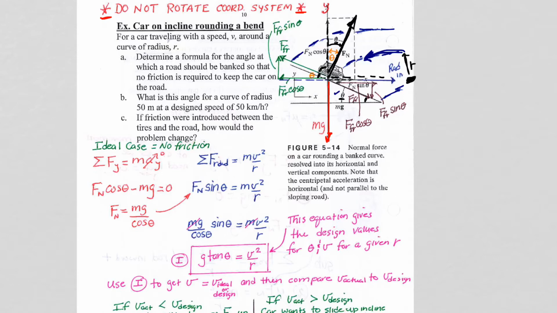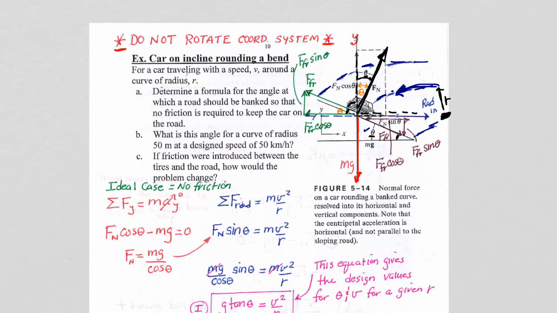So the only forces we have are going to be the force normal cosine theta in the y direction, which is this vector here, and the force normal sine theta, which I'm going to draw down here in the radially inward direction. So those are the component vectors of the force normal, and that is what I'm going to use in my analysis for Newton's second law.